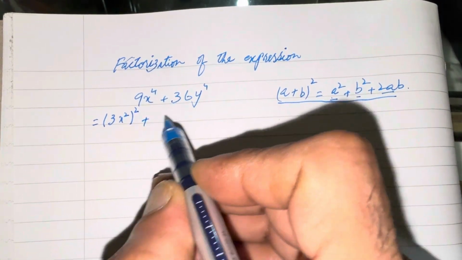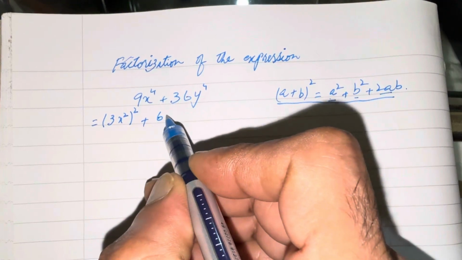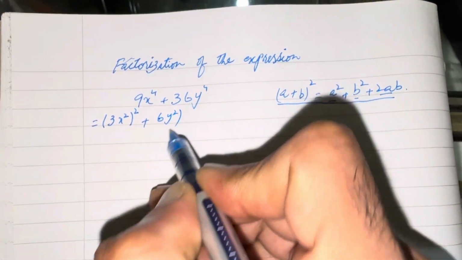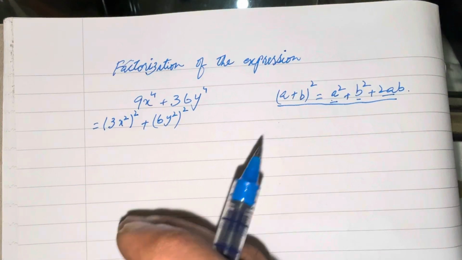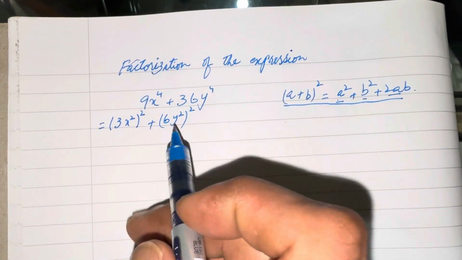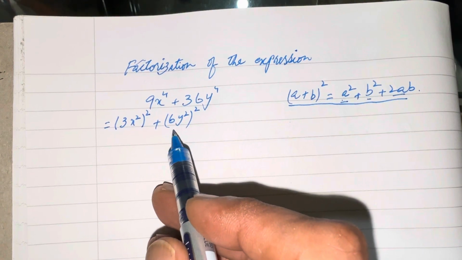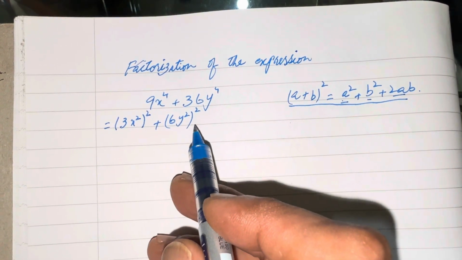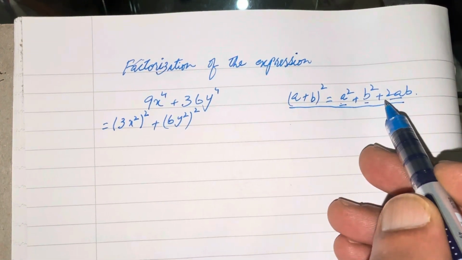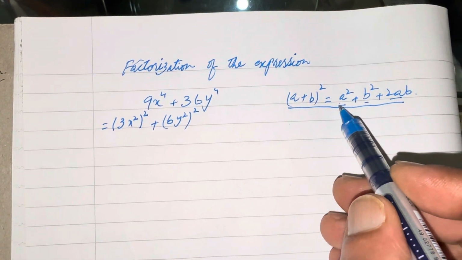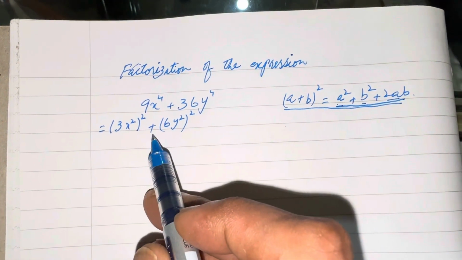Similarly, the second term can be written as (6y raised to power 2) whole power 2. While we are writing this expression like that, because we are going to complete the square by using this formula, we are going to make the right hand side of this formula in this expression.